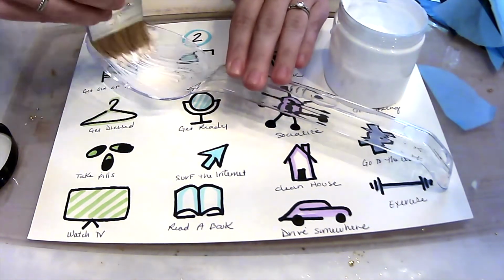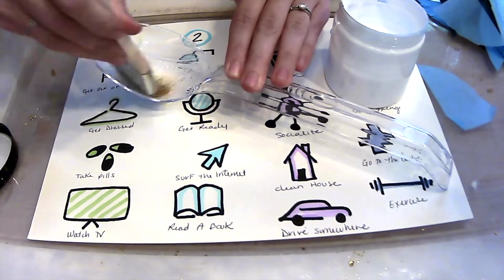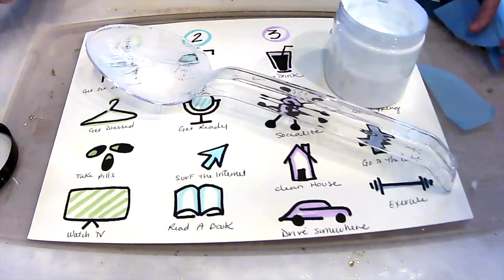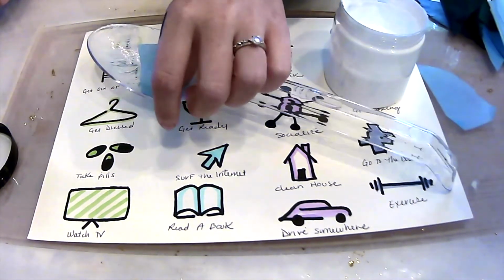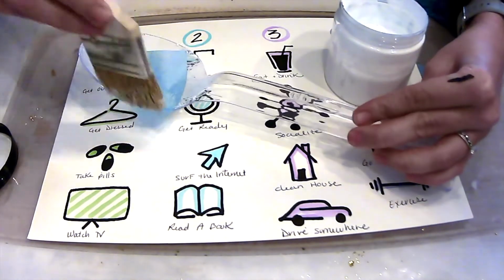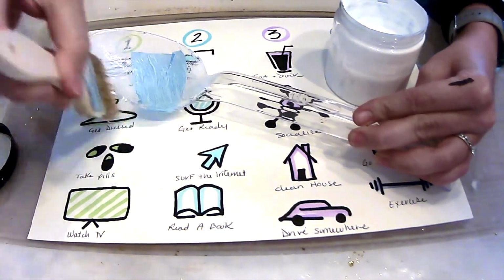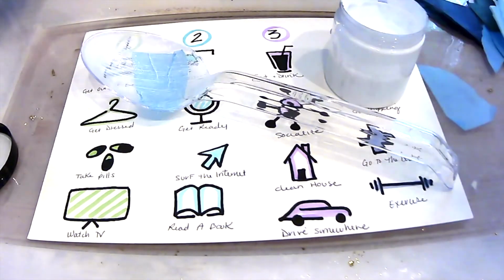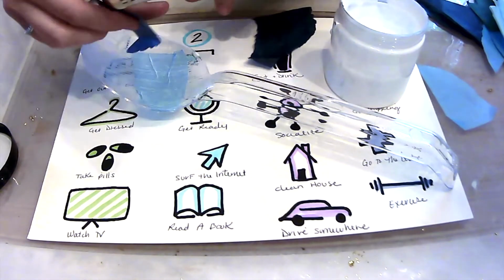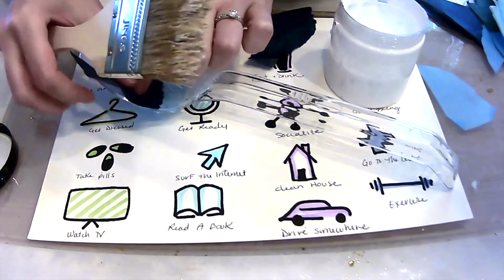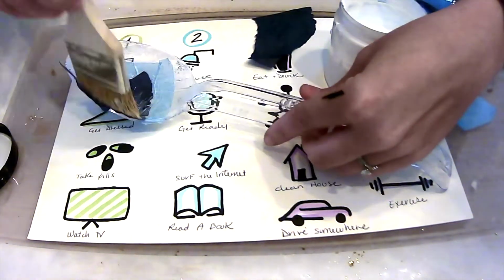So you can paint different areas with glue, and then you're going to stick your tissue paper on. And you can even seal it by painting on top. So really I'm just going to layer so that I can decorate my spoon.